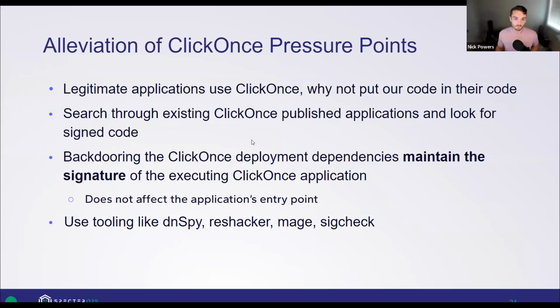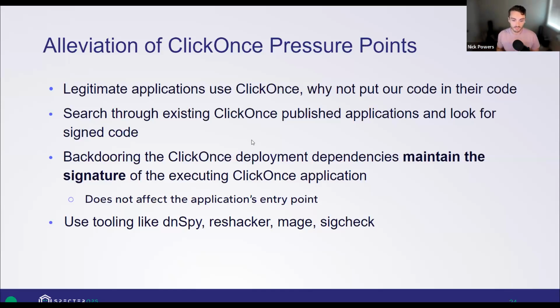But one important piece before we start digging into the internals of how some of this works is that when we backdoor these existing ClickOnce deployments, we are maintaining the signature of the main assembly associated with that ClickOnce deployment. This is important because we talked about SmartScreen and the reputation of the assembly that's ultimately executed.